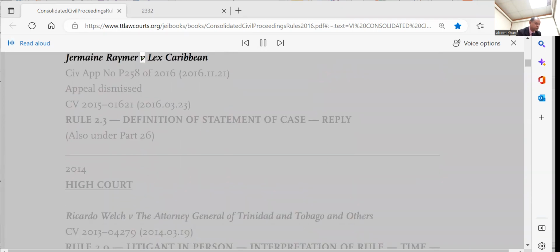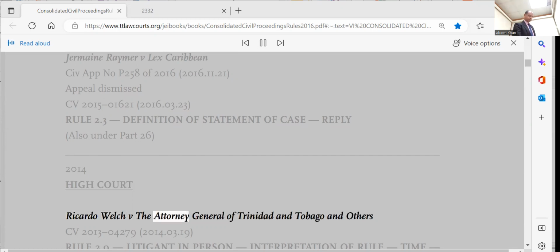Germain Raymer v. Lex Caribbean, Civ App No P258 of 2016, November 21, 2016, appeal dismissed. CV 2015-01621, March 23, 2016, Rule 2.3, Definition of Statement of Case, Reply, also under Part 26. 2014 High Court.